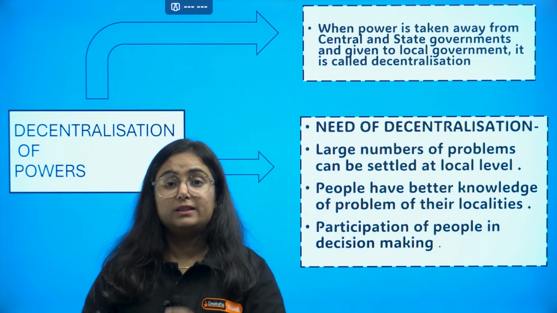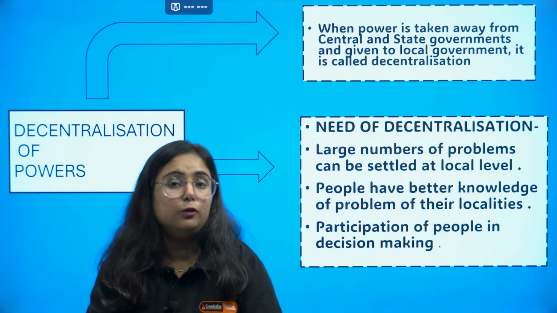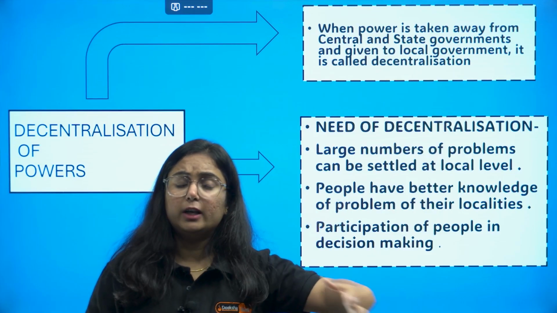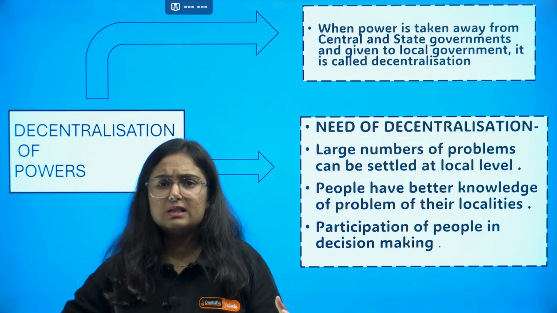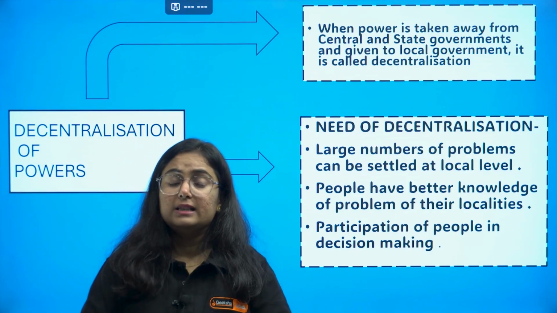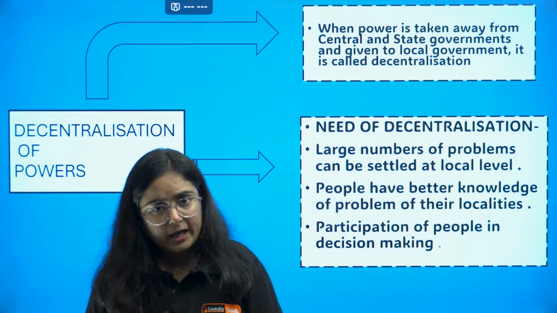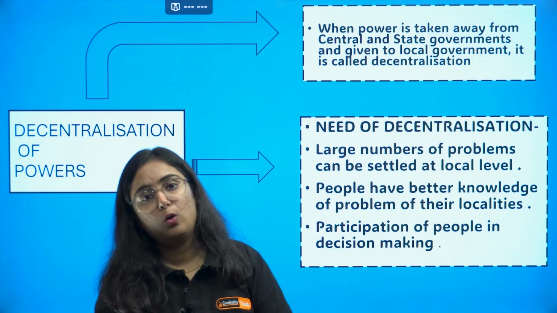This arrangement of local self-government is not new to India. Even the great rulers, the Chola rulers, right? After that in the Delhi Sultanate, in the Mughals, we have seen this arrangement that at the local level there is a local government, which administers its region with the involvement of local people.